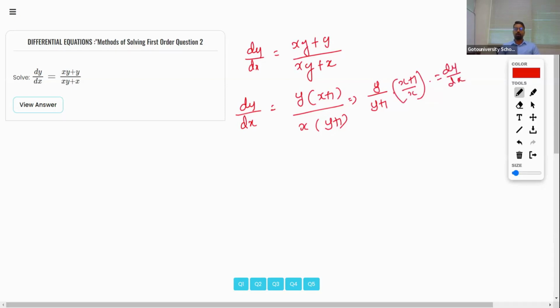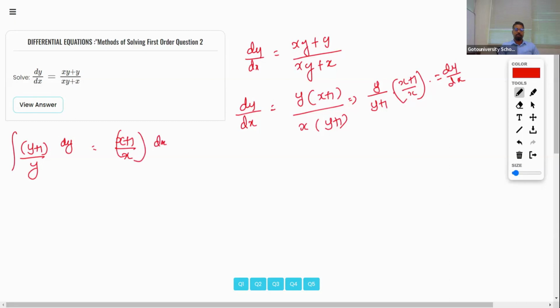There are many ways to solve it, but there should be a smart way to get this right and faster. So I'm going to keep dy there itself and bring the y part here. It is y plus 1 by y dy is equal to x plus 1 by x into dx.